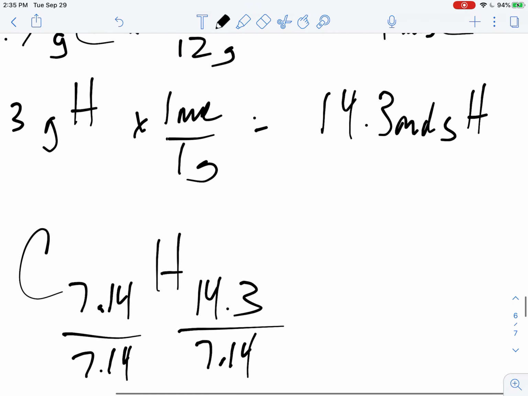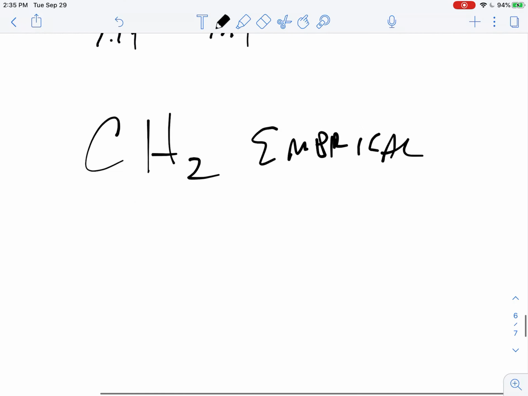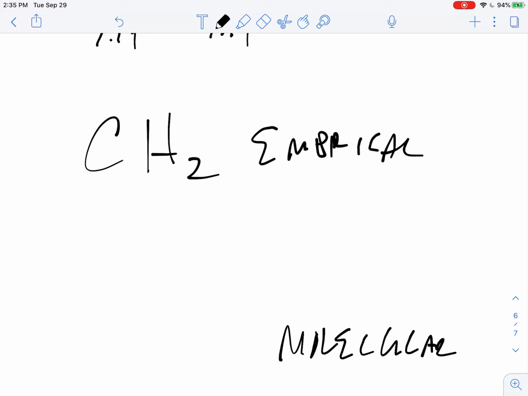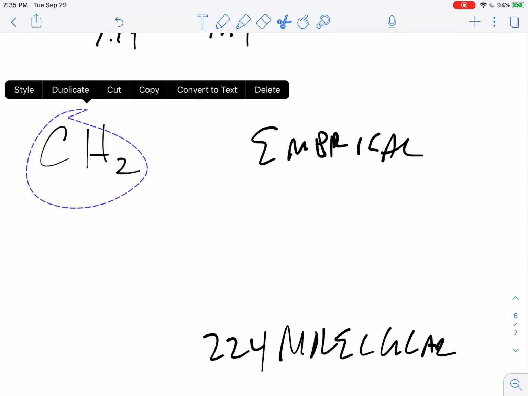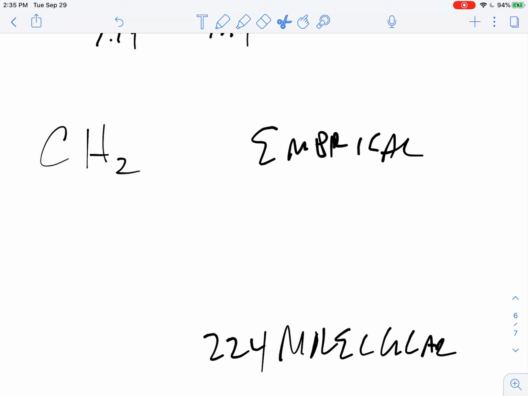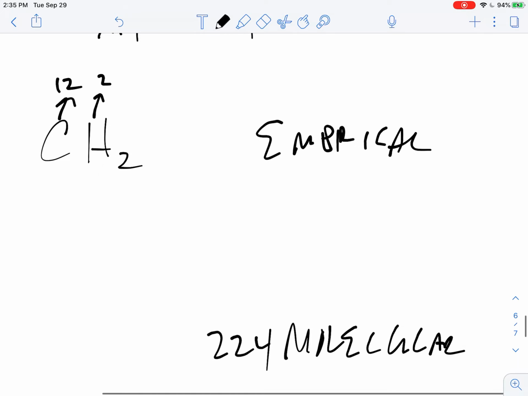Okay, well, how does that help me? Well, remember that my empirical was CH2. Now my molecular is 224. What relationship does CH2 have to 224? Well, how much does CH2 weigh? Carbon is 12, and then that's 2 for the hydrogen, so that's 14.